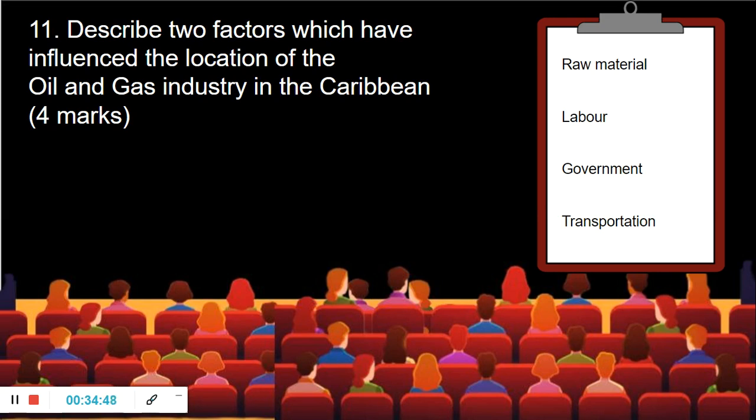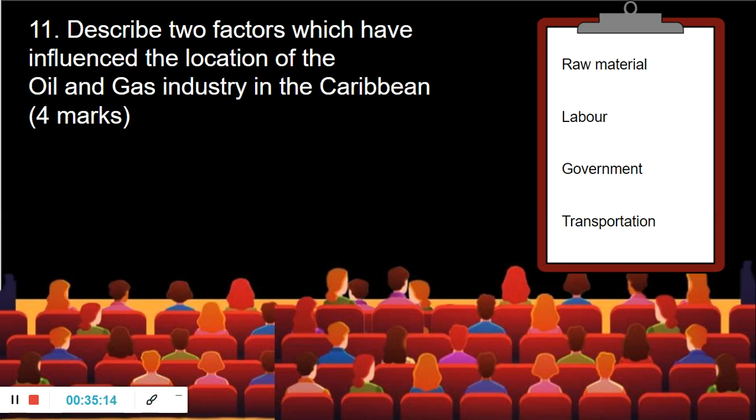In terms of government, it is generally stable, and because it is stable, that is going to encourage foreign investors to invest in the industry, all right, in order to bring in needed capital.